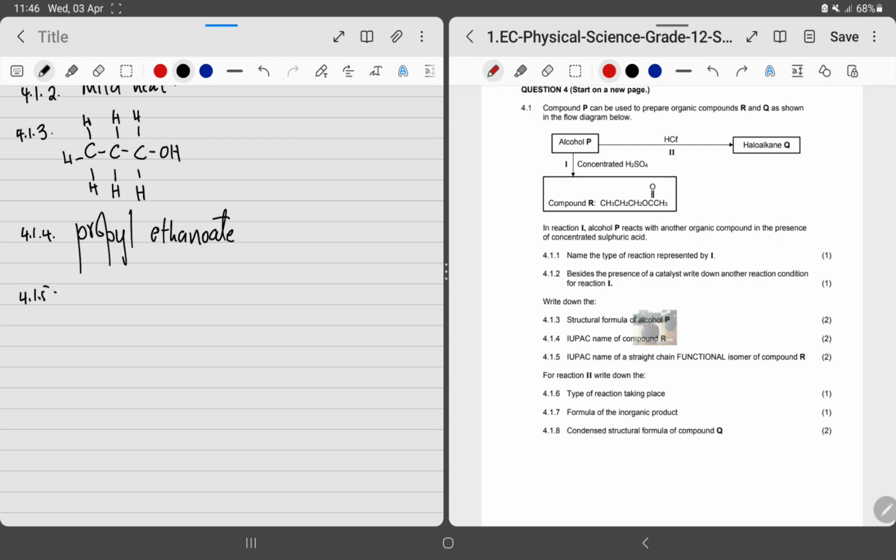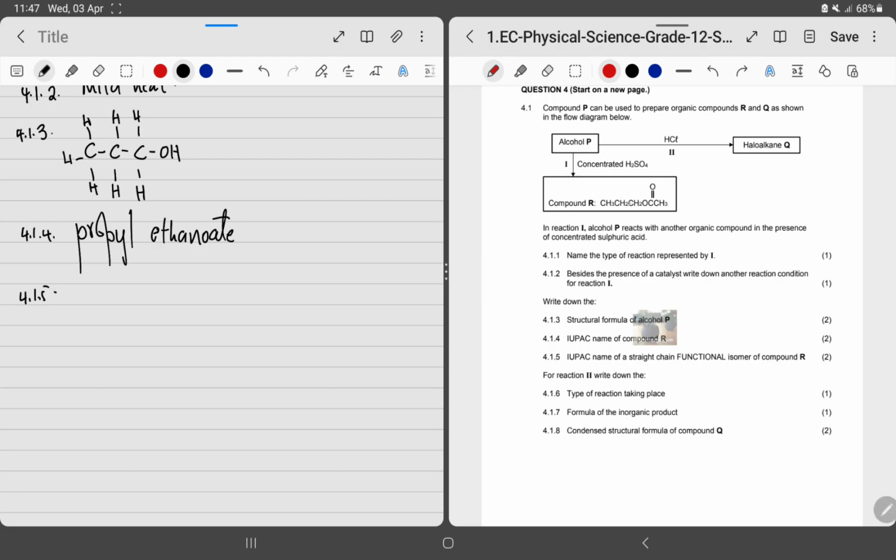4.1.5. The IUPAC name of a straight chain functional isomer of compound R. Functional isomers means that the functional group is different. They have the same molecular formula, but the functional group is different. Okay, so how many carbon atoms do we have there?